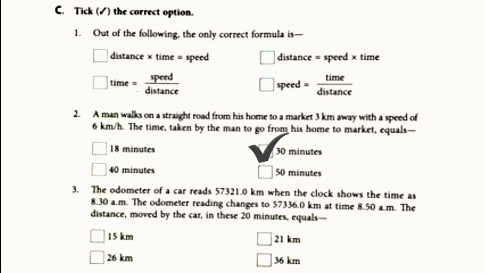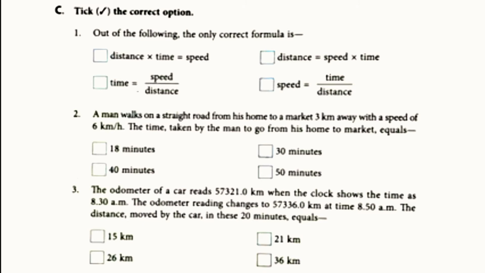Third, the odometer of a car reads 57,321.0 km when the clock shows the time as 8:30 am. The odometer reading changes to 57,336.0 km at time 8:50 am.